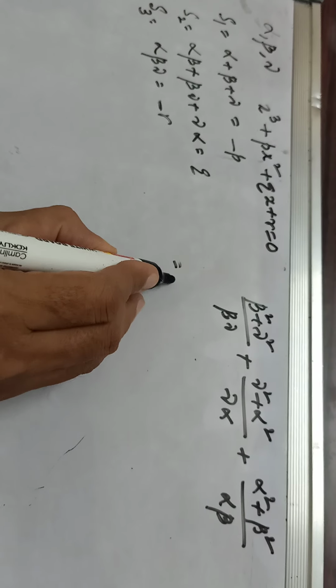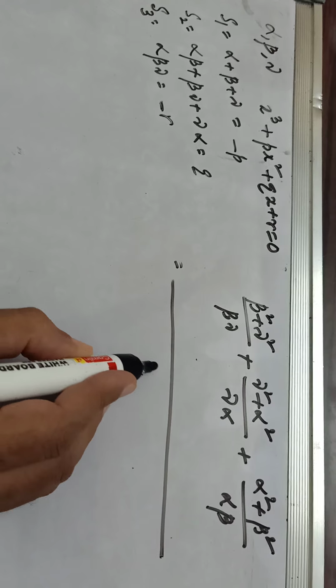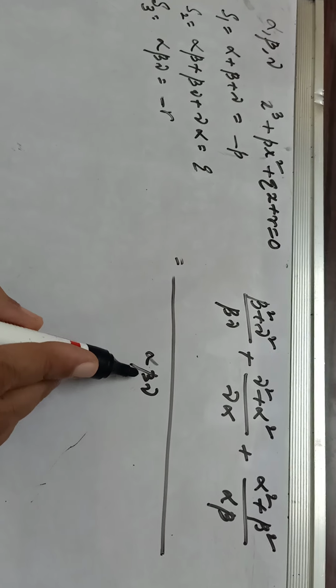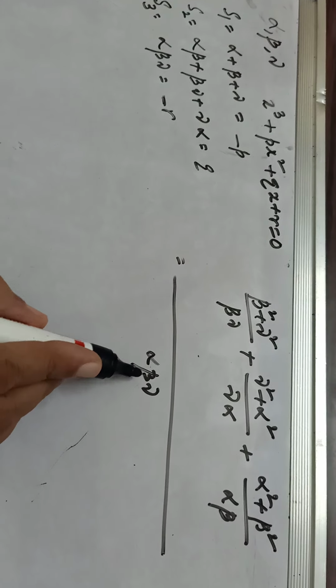Now you take LCM of the denominators. LCM is alpha beta gamma. Now when you divide this by this, beta gamma and beta gamma get cancelled.